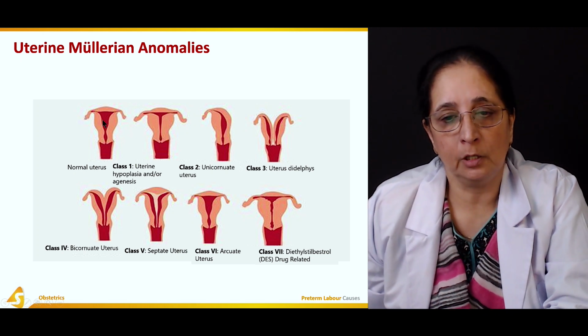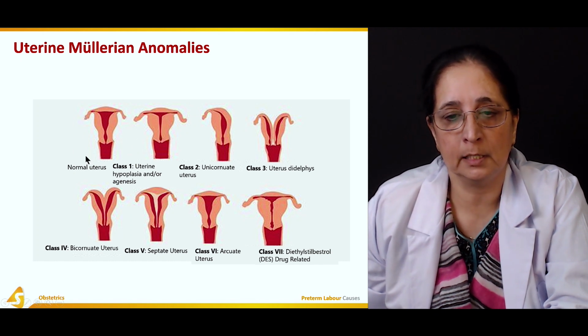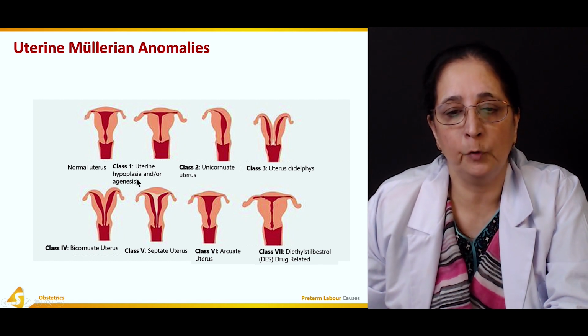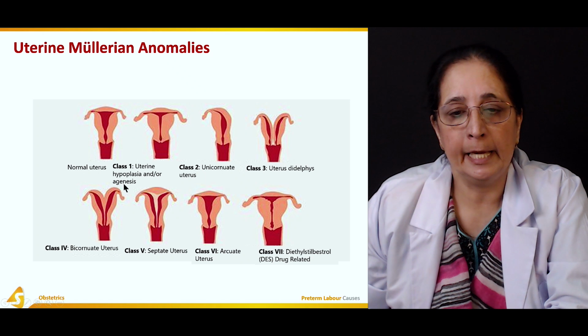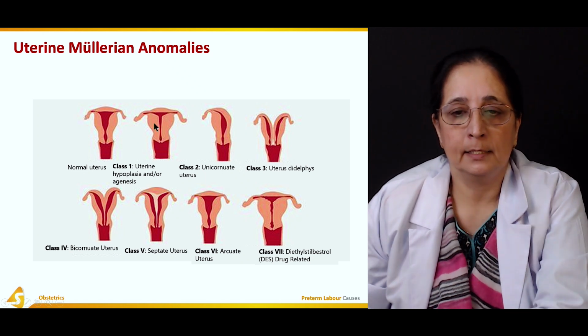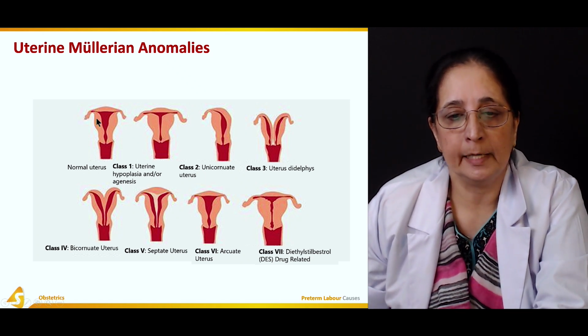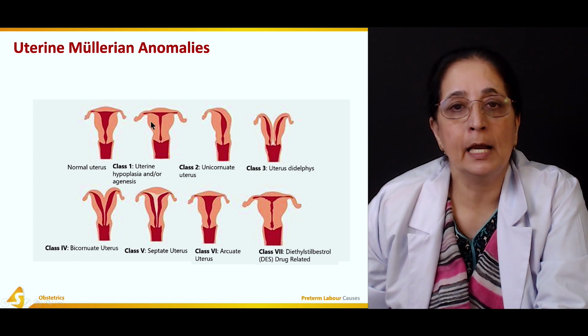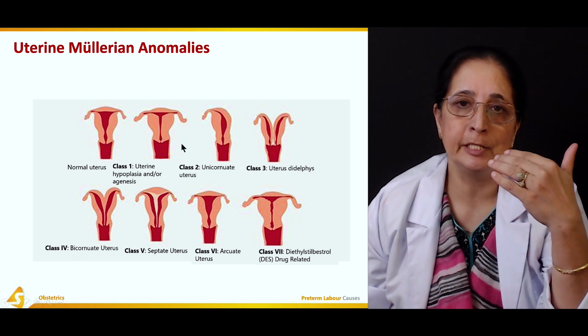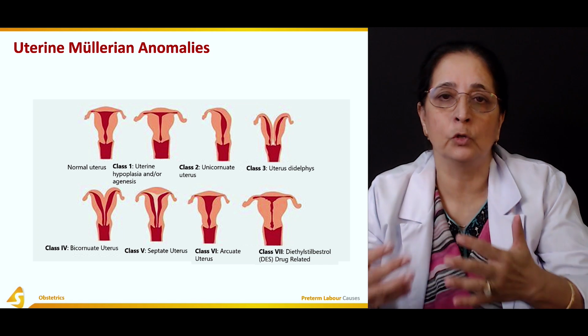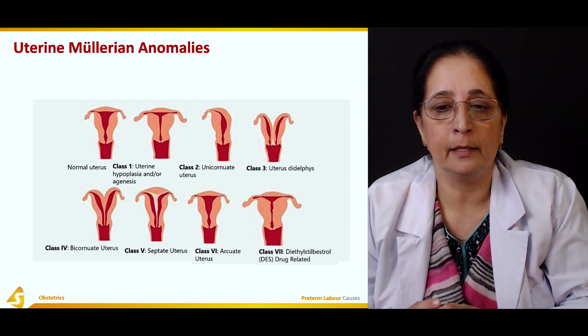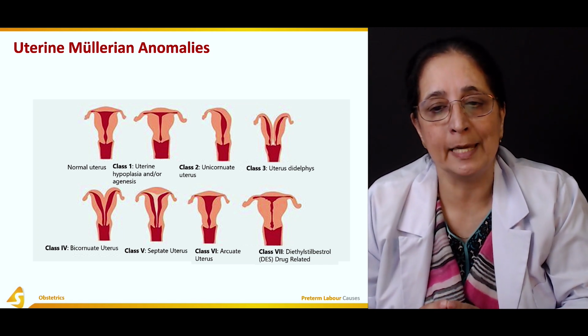This is the picture of the normal uterus here. Class 1 is uterine hypoplasia or agenesis. Uterine hypoplasia means there is decreased growth of the uterus.